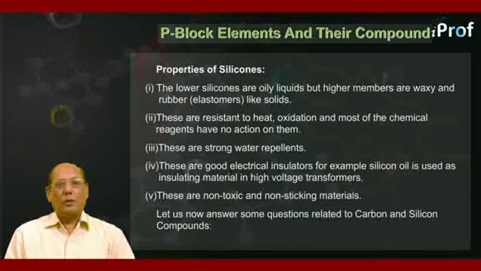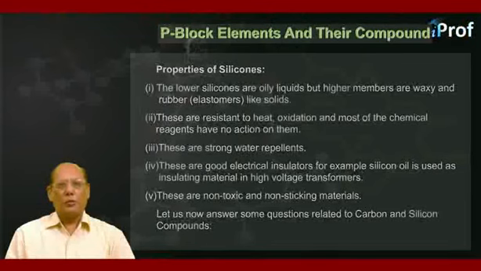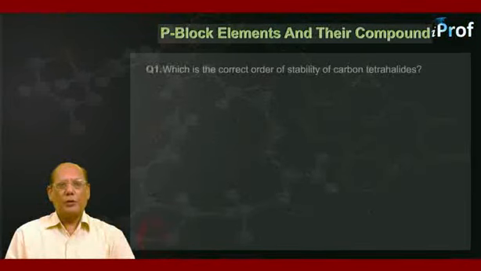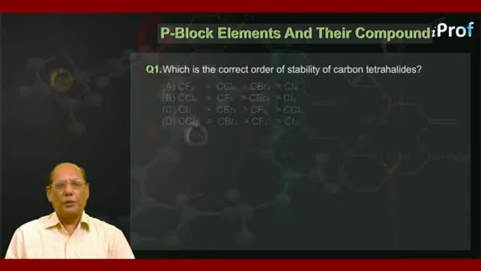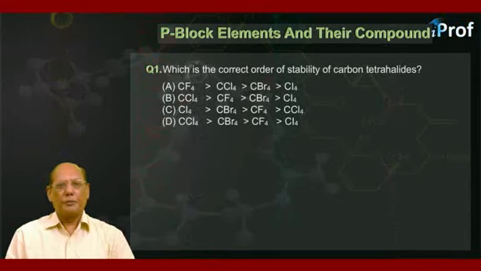Well, let us now answer some questions related to carbon and silicon compounds. So here is question number 1 as an objective question. The question is, which is the correct order of stability of carbon tetrahalides?